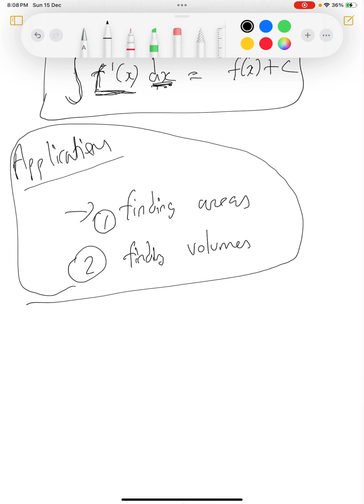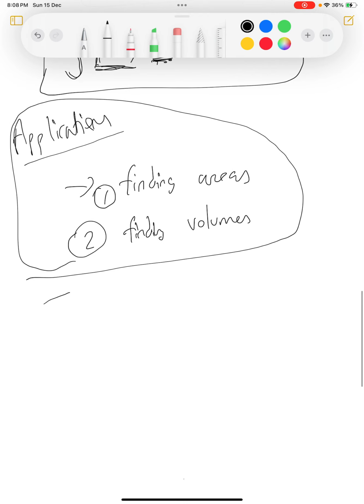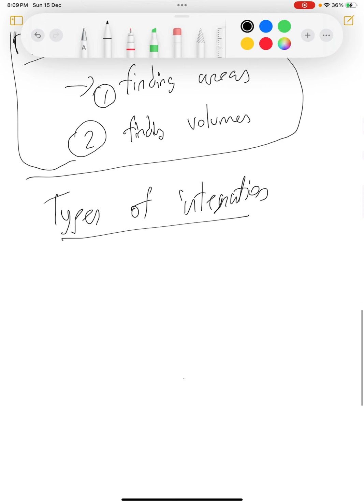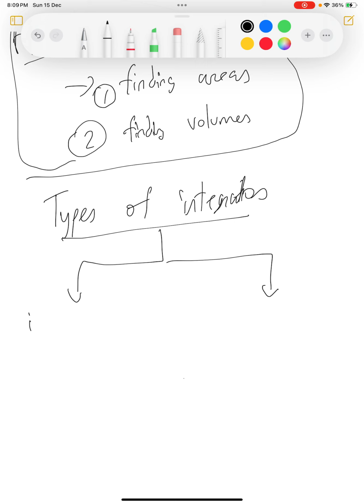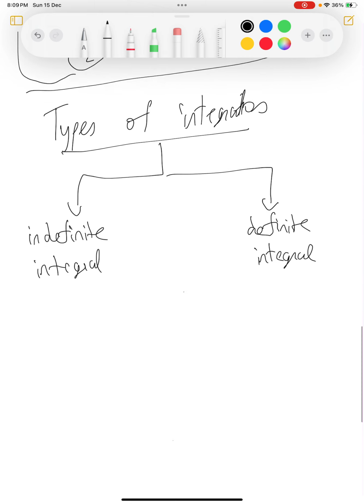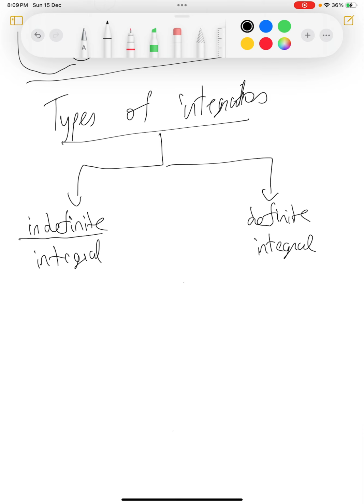Now let's understand the types of integrals. There are mainly two types of integration. First is the indefinite integral, and second is the definite integral. Let's understand this one by one. As the names suggest, indefinite and definite.